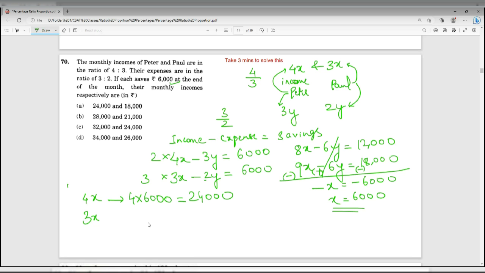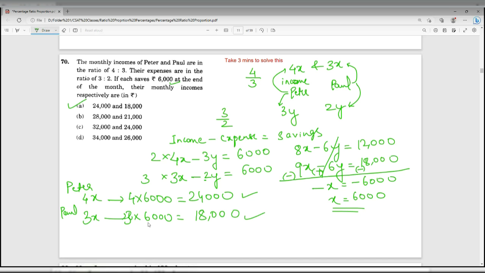This is Peter. This is Paul: 3 into 6,000, that is 18,000. So the incomes of Peter and Paul respectively are 24,000 and 18,000.